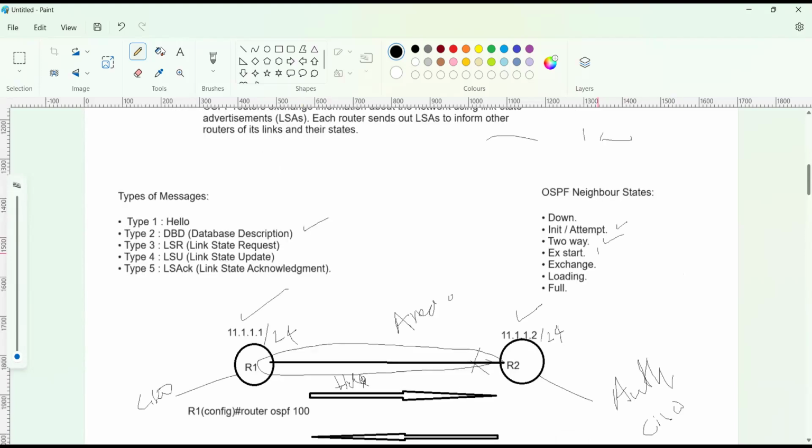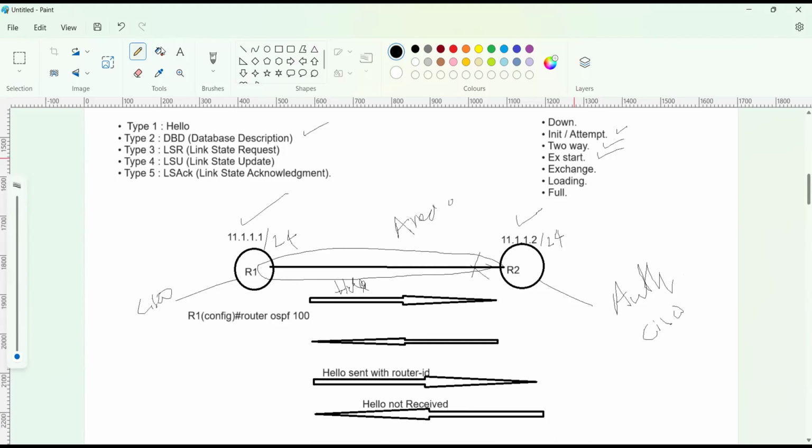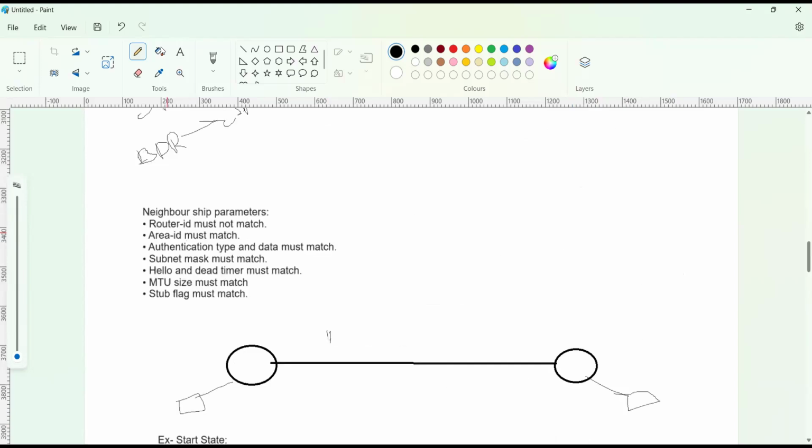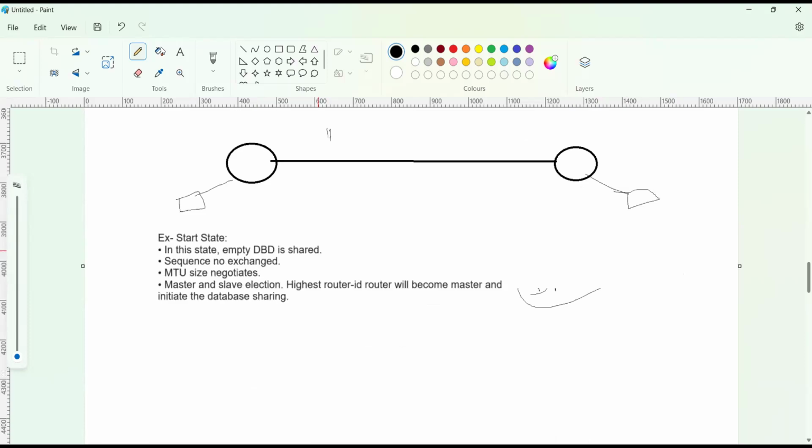But in ExStart state, we are still not receiving any database description, which doesn't mean we have 100 prefixes here. That is database description, 100 prefixes, routing information, whichever LAN information, they are still not sharing.